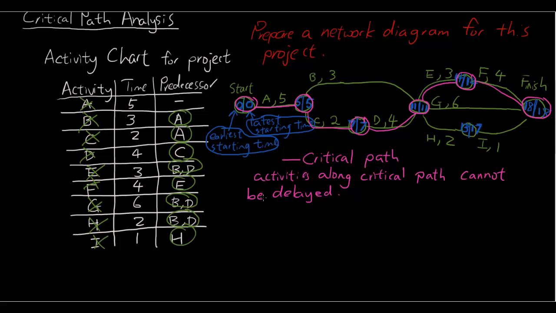Right, so once we figure out where the critical path is, we can then look at the slack time for the other activities. So what is slack time? Slack time is the amount of time an activity can be delayed.